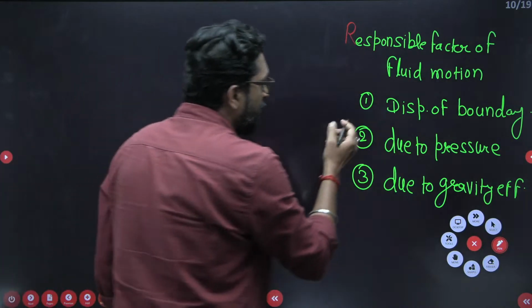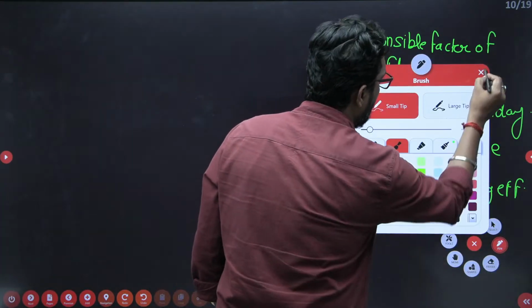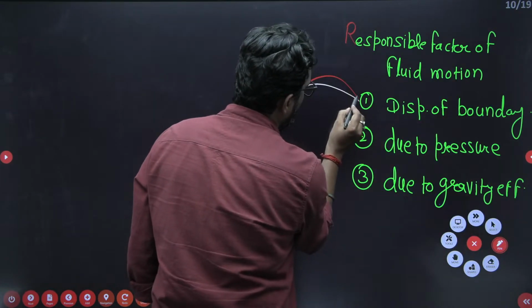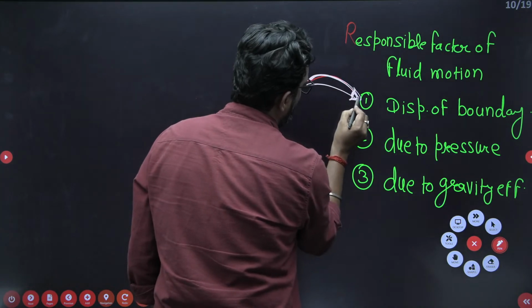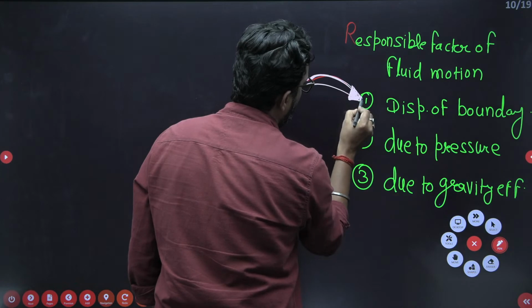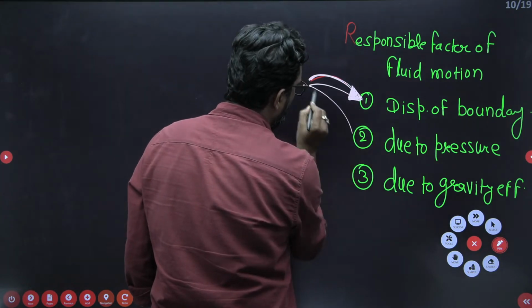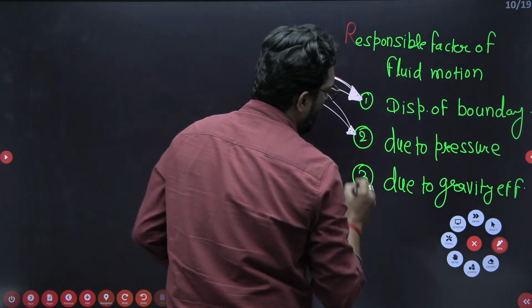Okay, so displacement of a boundary, beta, or displacement of a boundary between the plates plus the pressure.